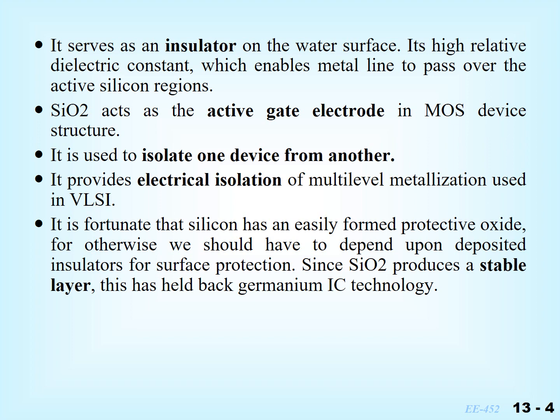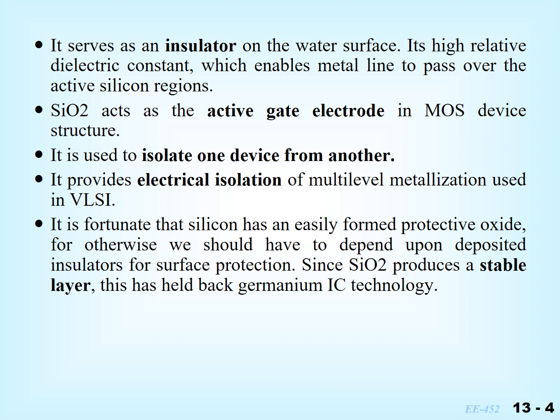Another important point is that it can be used to isolate one device from another on a chip, and this isolation is quite good. It is electrical isolation, which can further be used for multi-level metallization in VLSI chips.